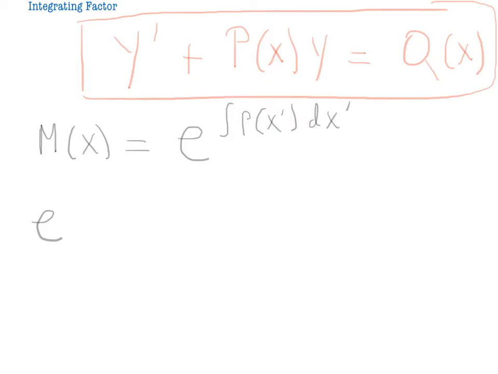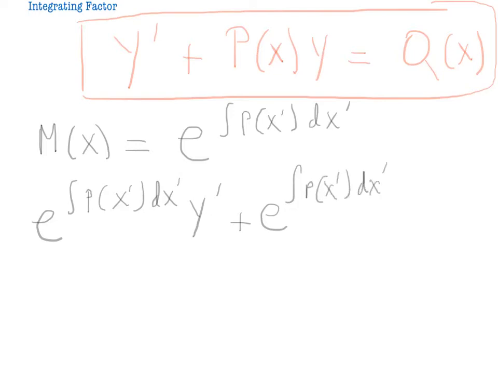I get e to this guy, which is our new friend, times y prime plus the same guy times p times y is equal to the new guy times q.